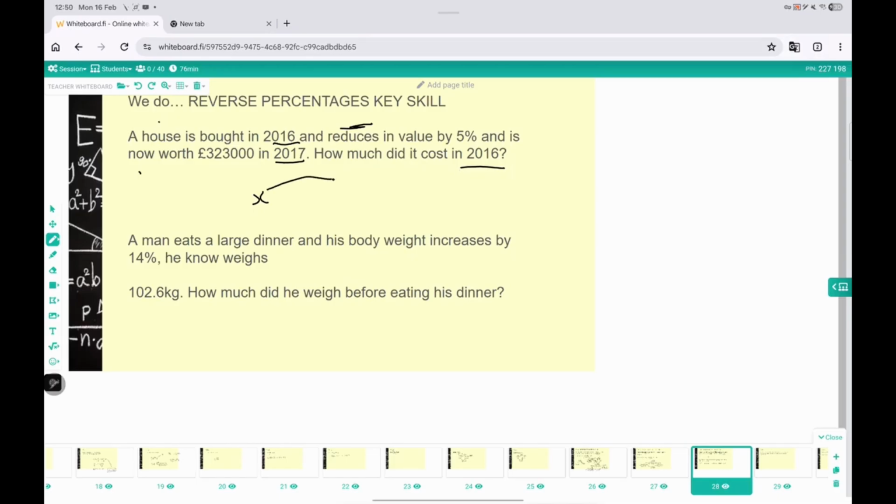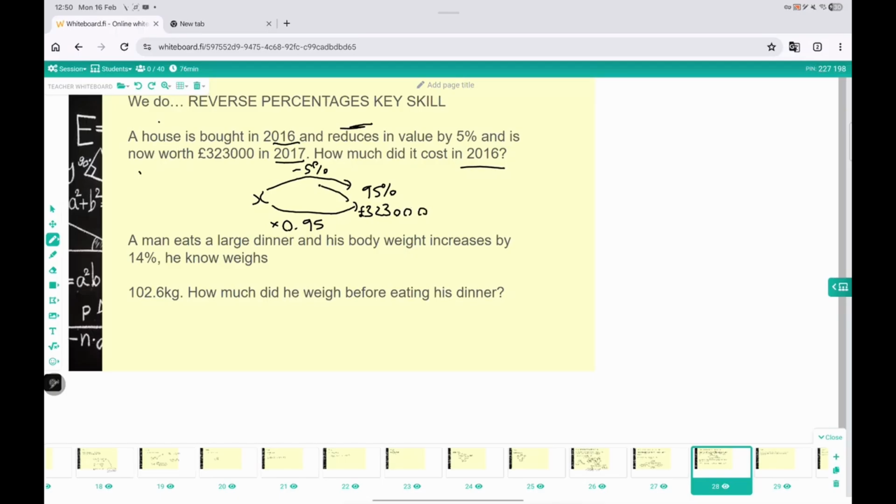Okay, so this house reduced in value. So yeah, we had to take off 5%. Okay, so we had to times by 0.95 to get 323,000.